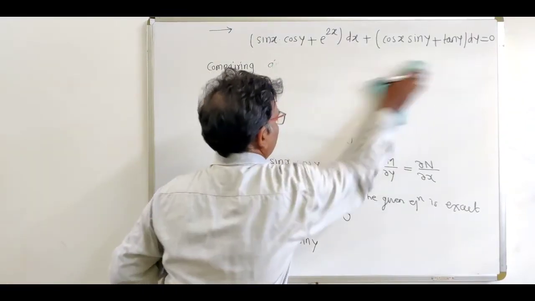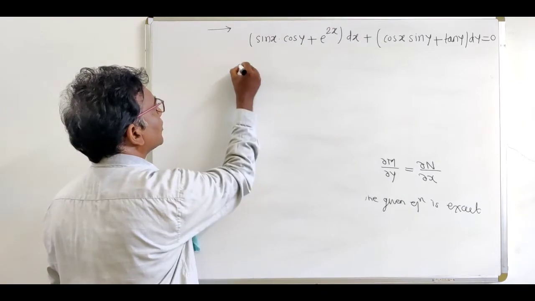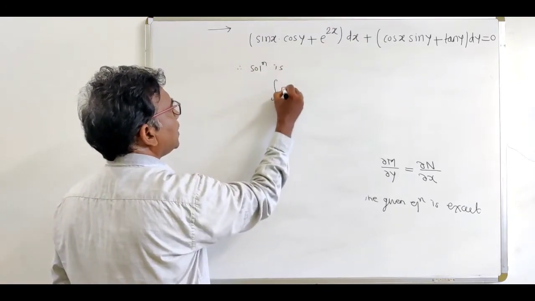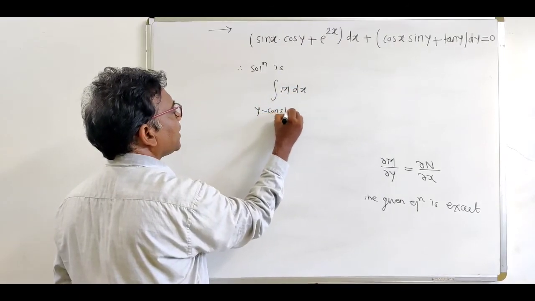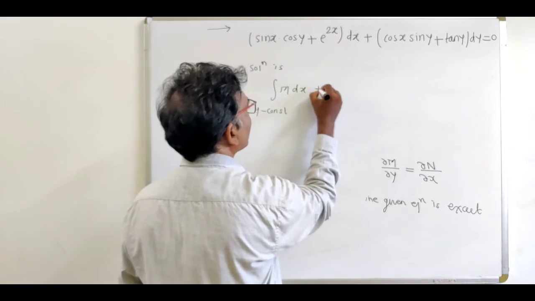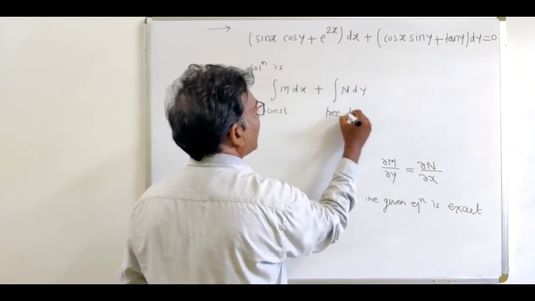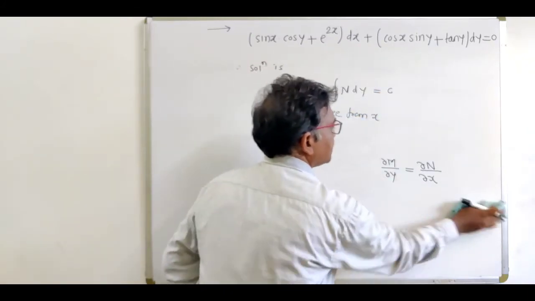Therefore, the solution is integral M dx by keeping y constant, plus integral of N dy free from x, equal to c.